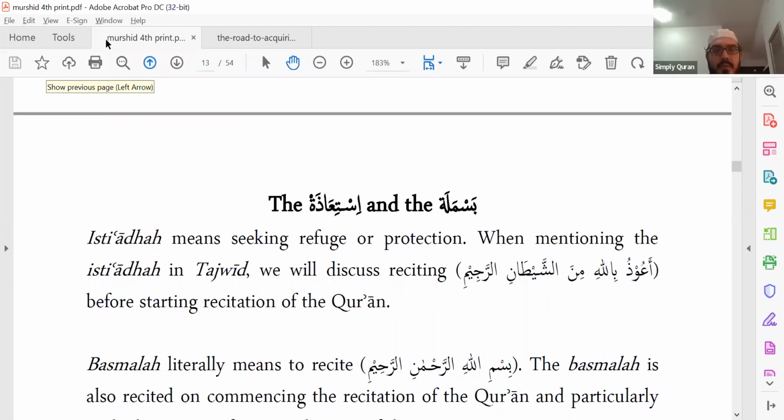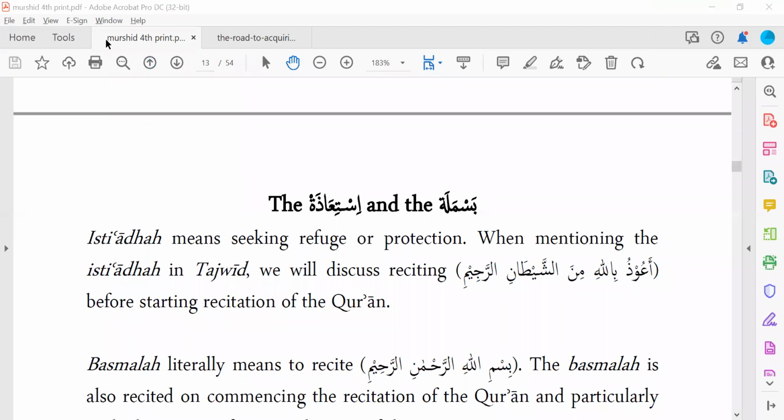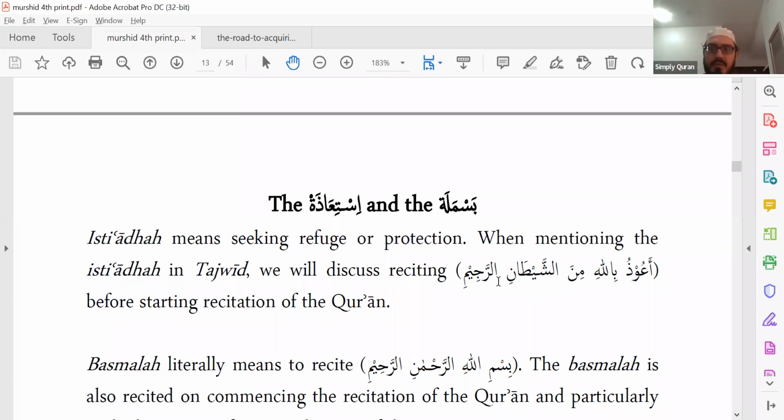Okay, just give me one moment here, okay? Okay, good. So beginning of surah, middle of surah, or ending one surah, going to the next.